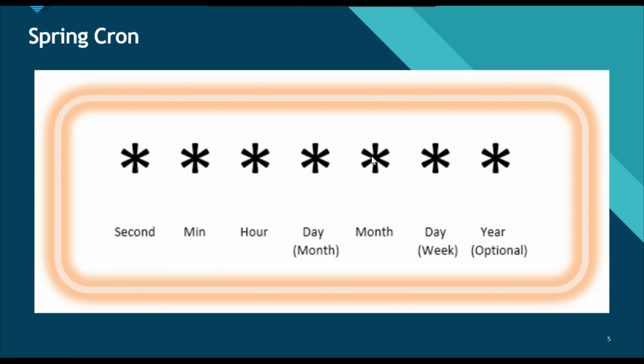So it can have value from 1 to 12. Now we'll have day of the week. So we want to run certain jobs only on Monday, or we want to run certain jobs on Sunday. So that we can define here. It can have value as a numeric value, or it can also have a string value. I'll show you examples. And the last one is optional for year. Let's say if we want to run on a specific year in future, so that we can use.